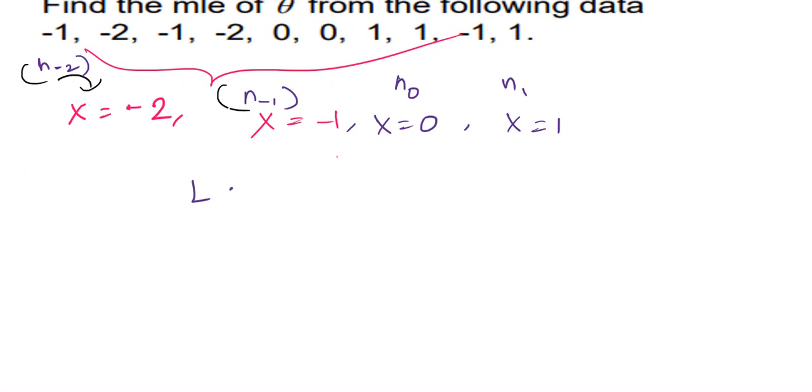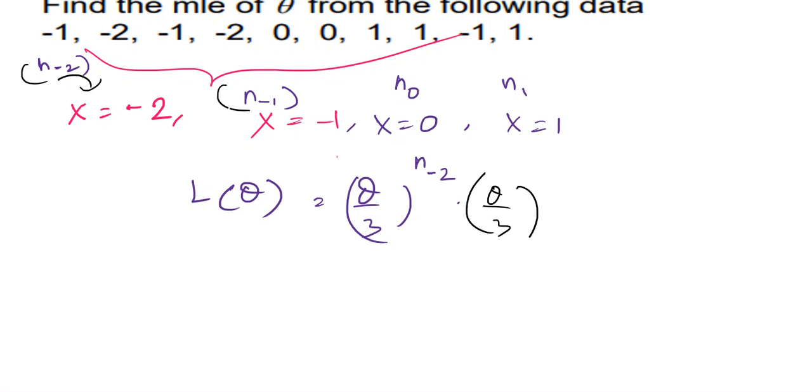That is L theta, that is (theta by 3) to the power n minus 2, sorry, n minus 2, and into (theta by 3) to the power n minus 1, (1 minus theta) to the power n0, and (theta by 3) to the power n1.